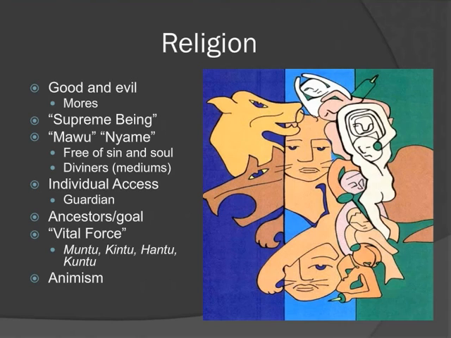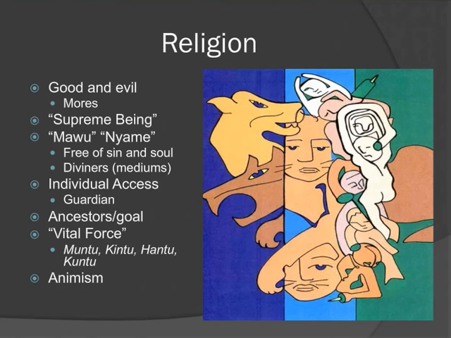But no matter what the name for this supreme being is, and sometimes it's male, sometimes it's female, each society has one. Almost all believe that a person is born free of sin and has a soul, and you can get close to this supreme being through sacrifice, prayer, and divination.